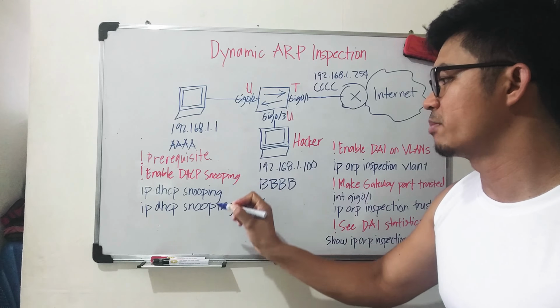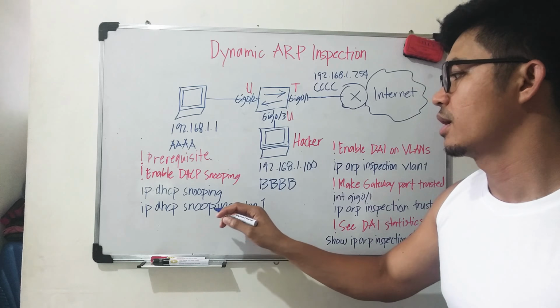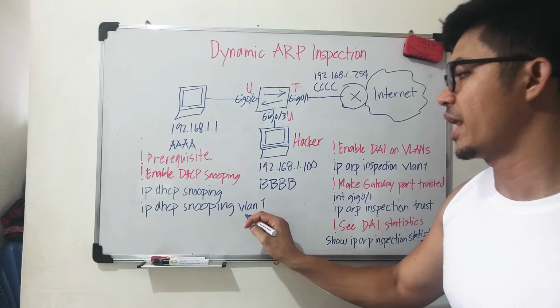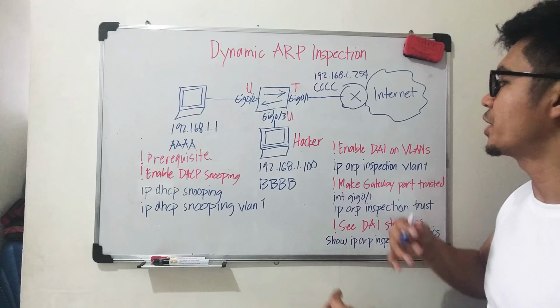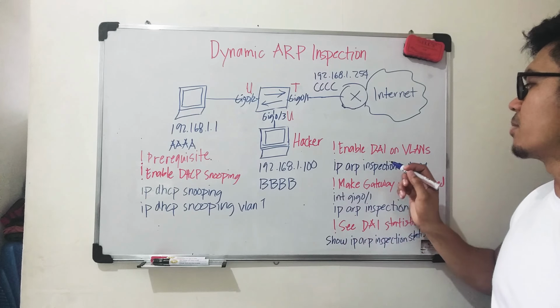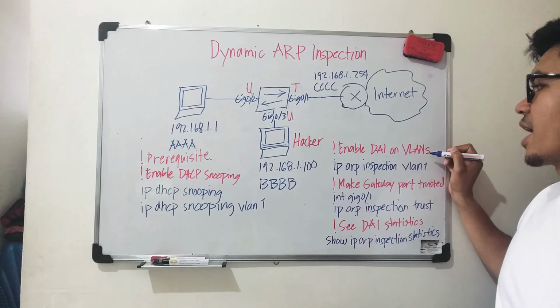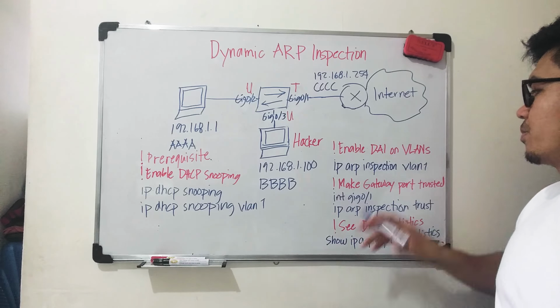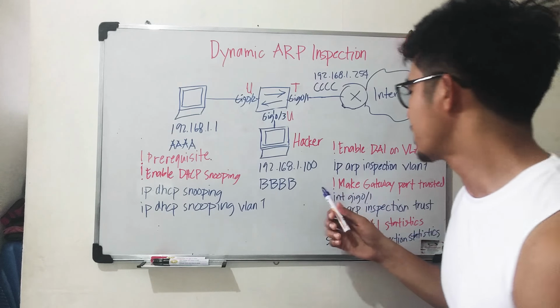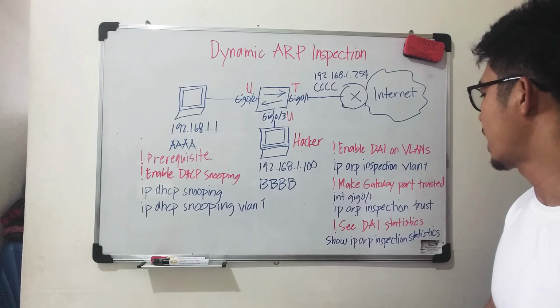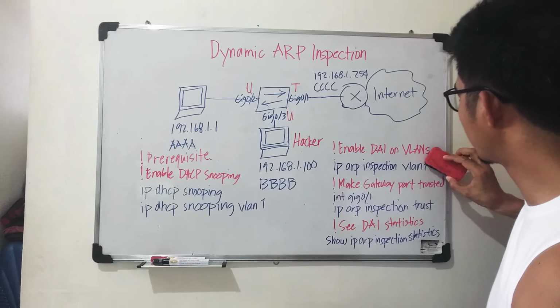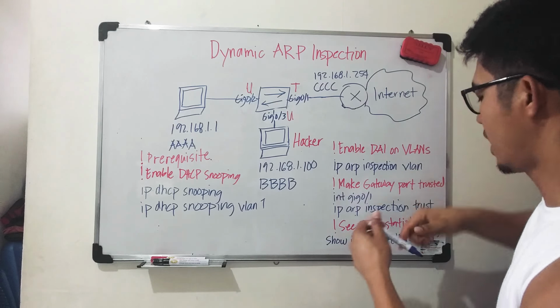After you enable DHCP snooping on a VLAN, you can then enable dynamic ARP inspection, or DAI, on that VLAN as well. So you can use this command here, ip arp inspection vlan 1, to enable DAI on that VLAN.